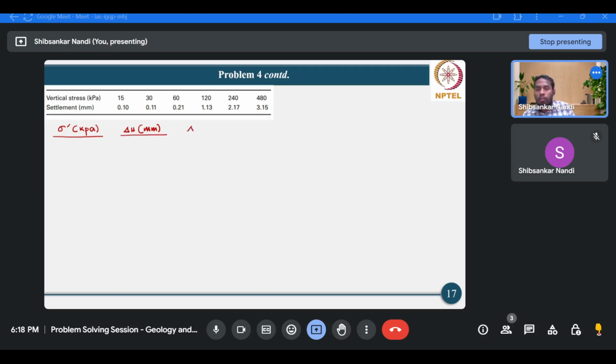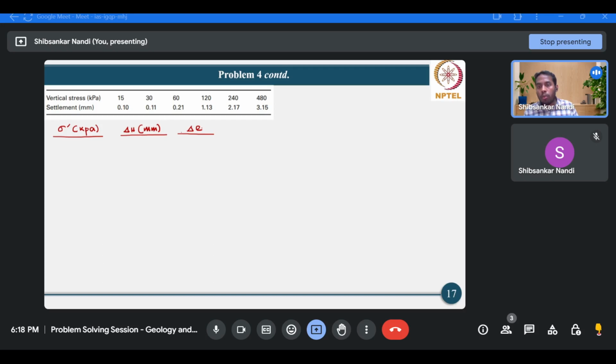Now, due to the application of this vertical stress, what will happen? There will be a change in the void ratio, or more specifically, a reduction in the void ratio. So delta e, we will calculate from the accumulated settlement at the end of each loading step.